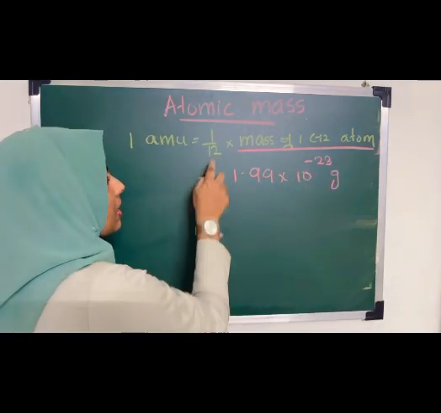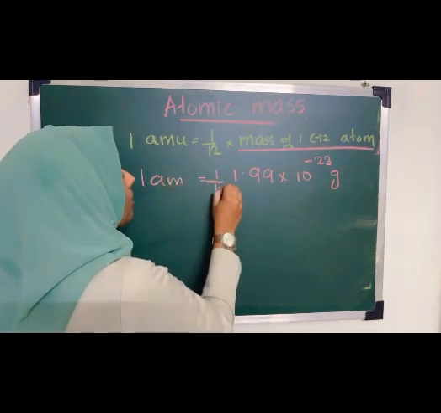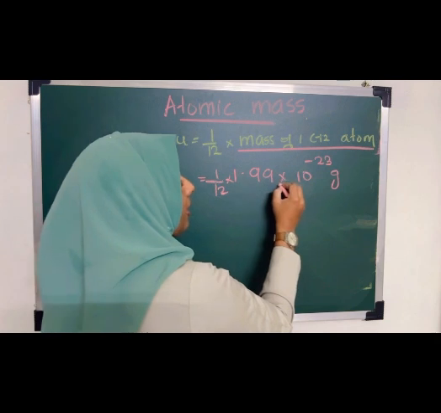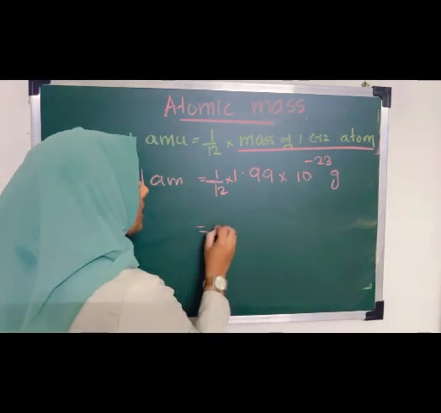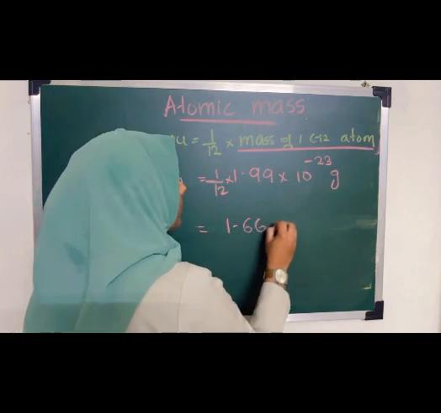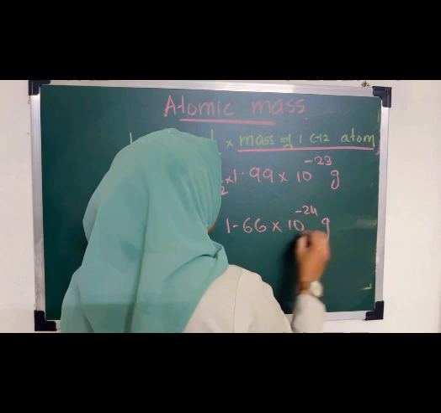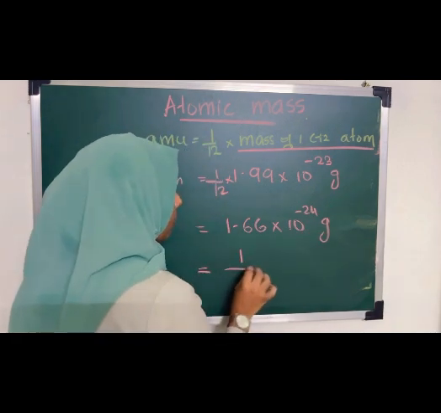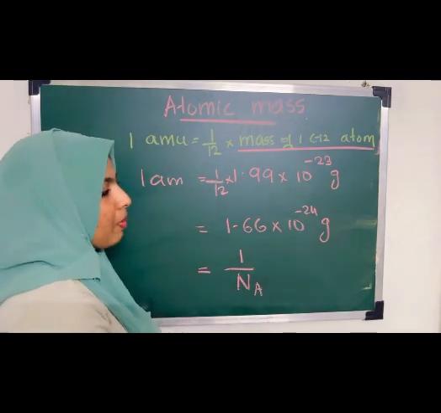So, 1 AMU is equal to 1 by 12th of 1.99 × 10^-23 gram, which is equal to 1.66 × 10^-24 gram, which is equal to the reciprocal of Avogadro number. This is very important.